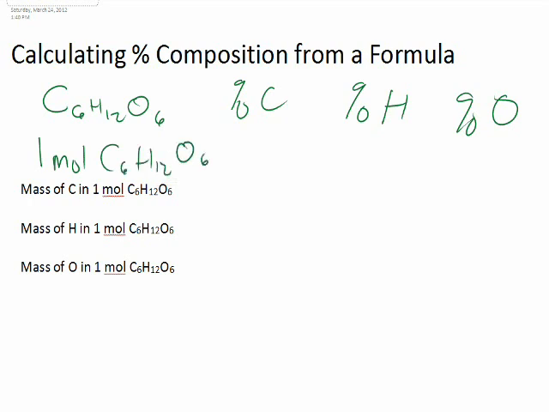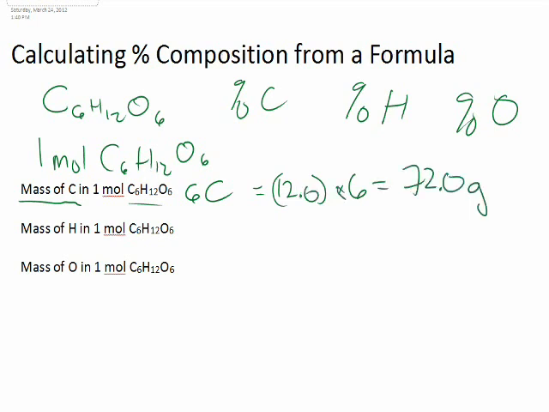So we look at the mass of each individual element in a mole. And what that really means is we have 6 carbon atoms. Well, what's 1 carbon atom? 1 carbon atom is 12 grams, and if we have 6 of them, we just multiply it by 6, and that equals 72.0 grams of carbon.